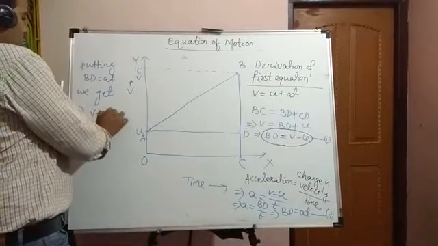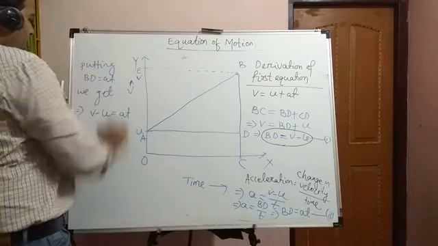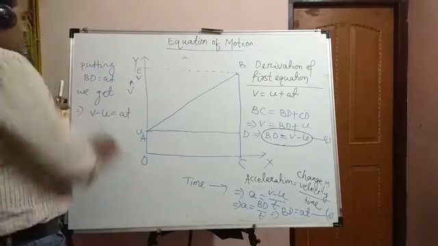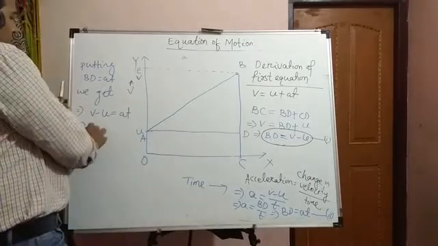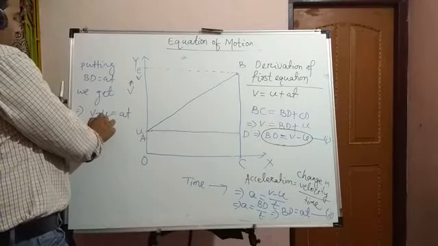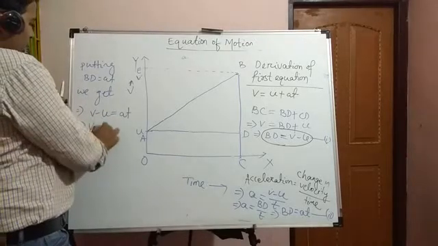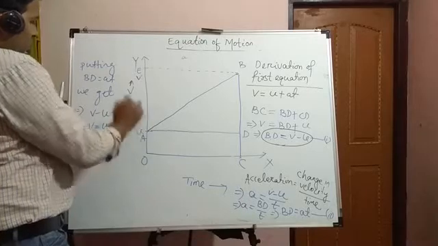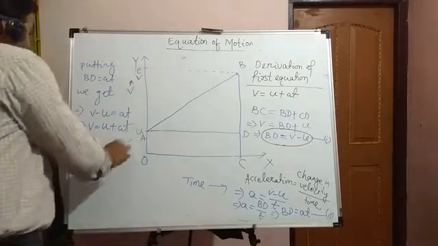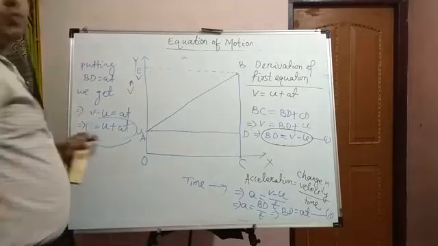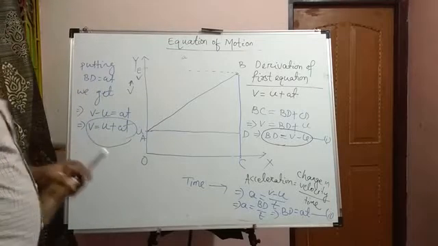V minus U is equal to, in place of BD, AT. Then V is equal to, if you take minus U to the right-hand side, U plus AT. So we have derived the equation V is equal to U plus AT.